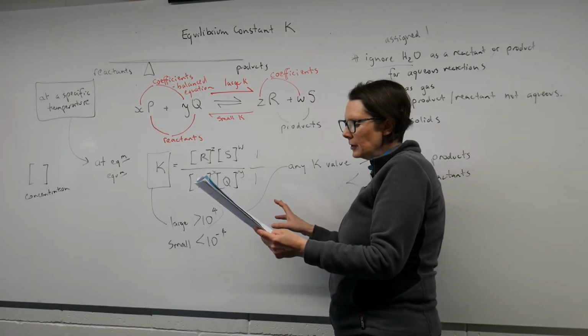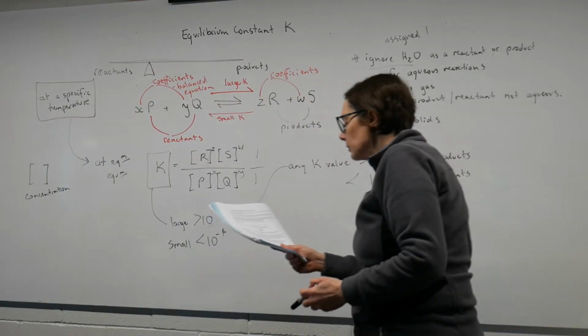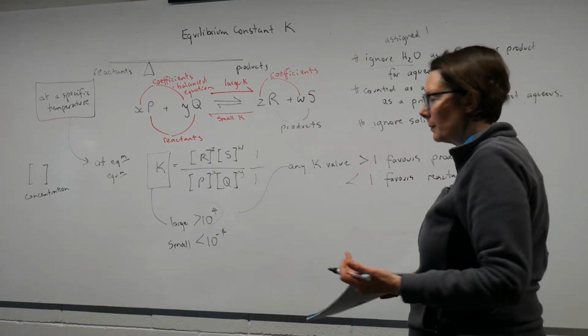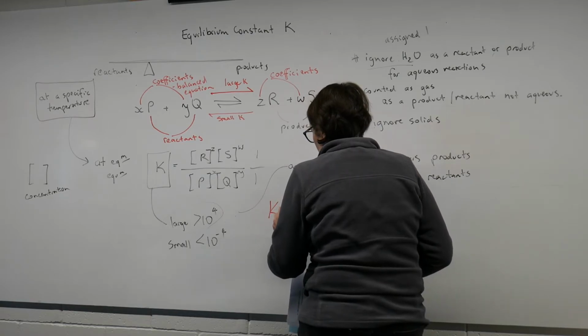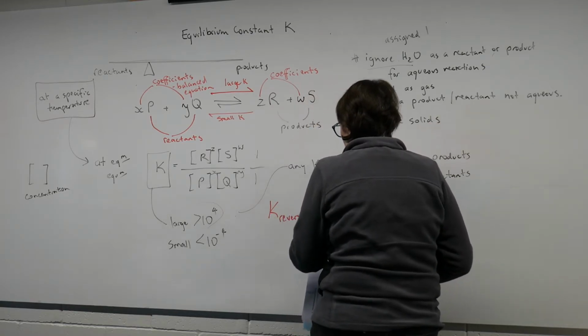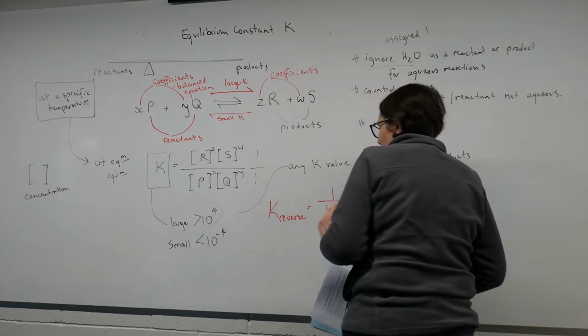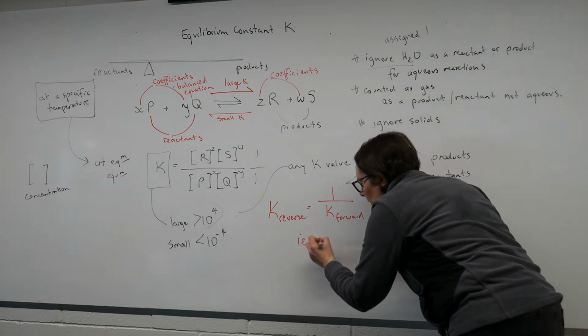And so we have this relationship between the forward and reverse reaction that basically it's the inverse. So K of the reverse reaction is equal to 1 over K of the forward reaction. Okay, so i.e. inverse.